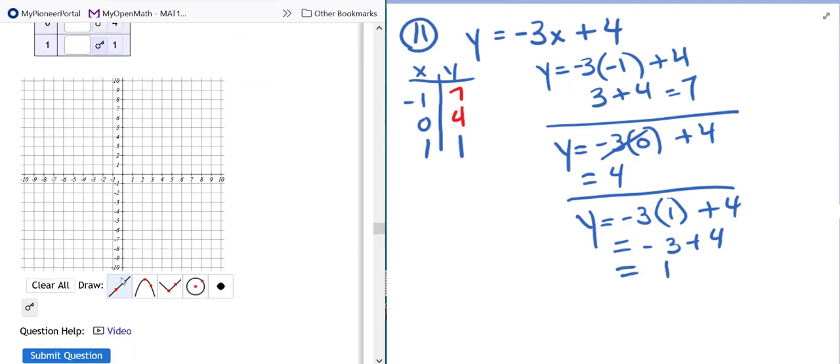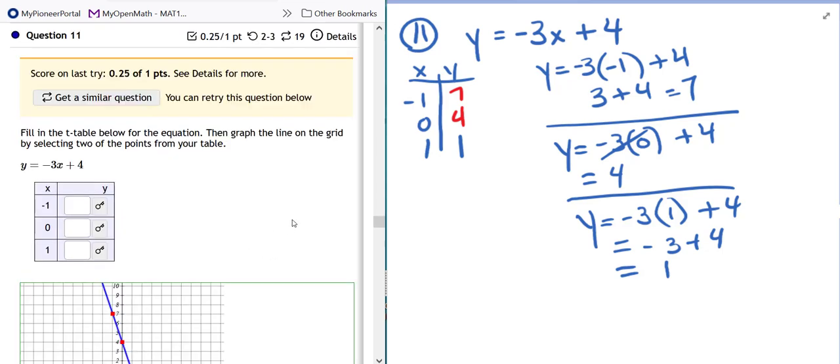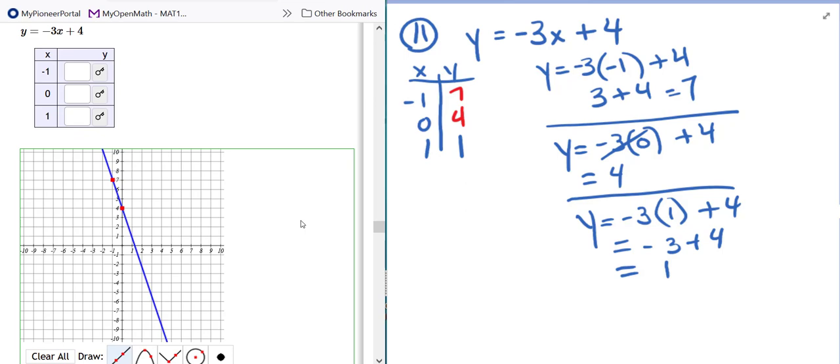I don't think it likes my stylus, so I will use the mouse. Negative 1 and 7. And then don't go over, but go up 4. And we'll submit. It'll mark us partially wrong, but the graph is right.